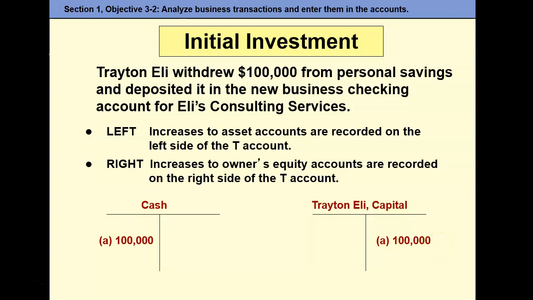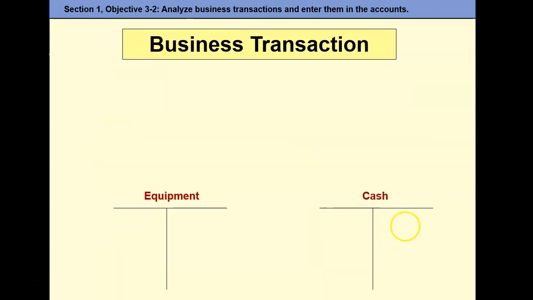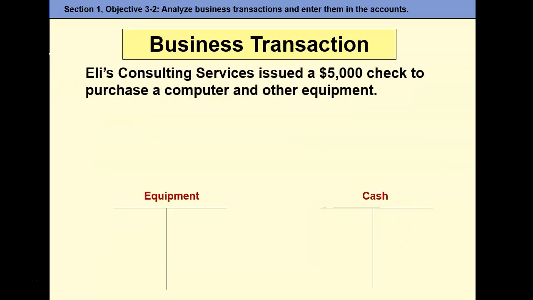For each business transaction, they have to balance, meaning the total amount debited must always equal the total amount that was credited. Let's try another one. Next transaction, we issued a check to purchase a computer and other equipment.